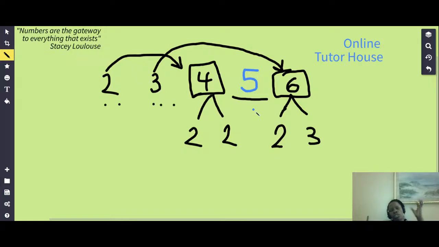So what we're doing here is multiplying all the prime numbers. That's what primorial is. So the primorial is basically the product of primes.